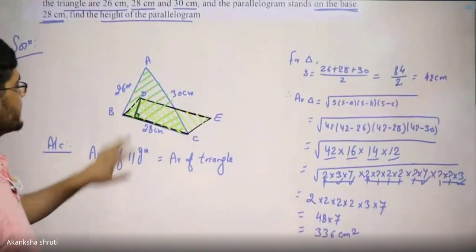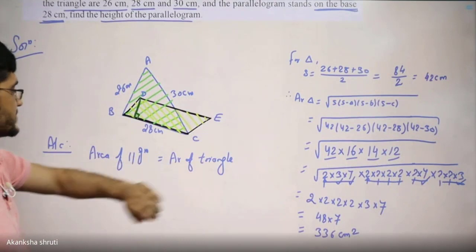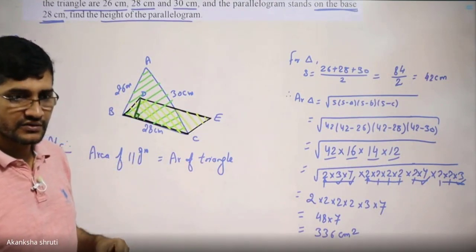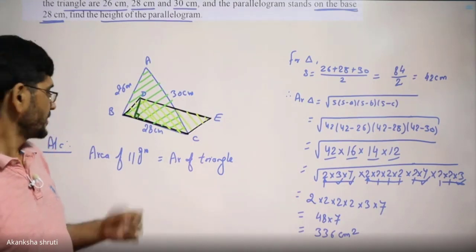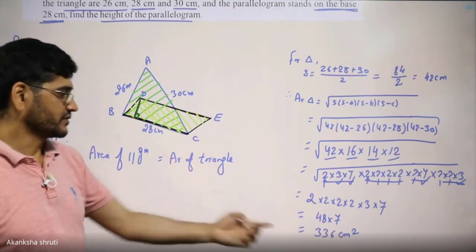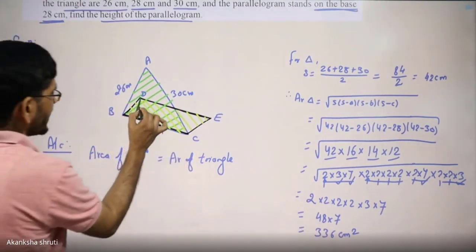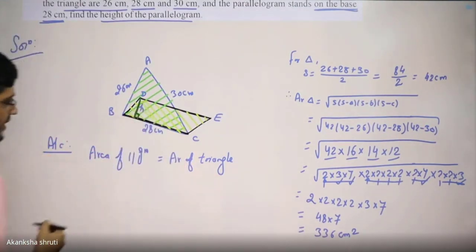Students, this was the area of the triangle. What is the area of the parallelogram? Can you tell me, Arya? Yes, so the area of the parallelogram will also be 336. But here it is asked, what is the height of this parallelogram?